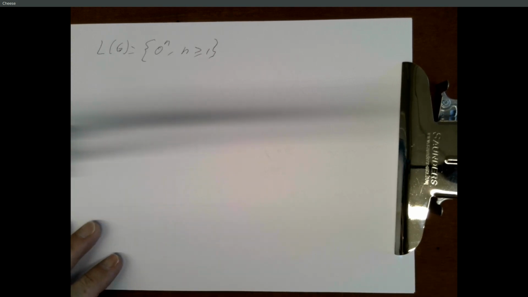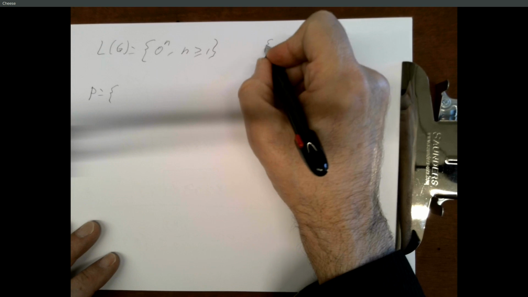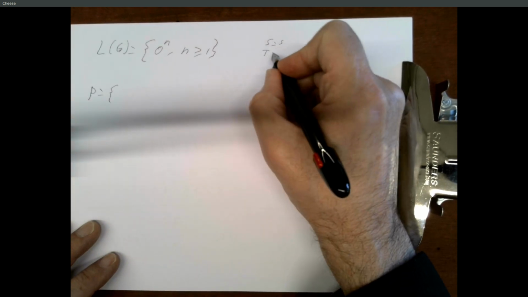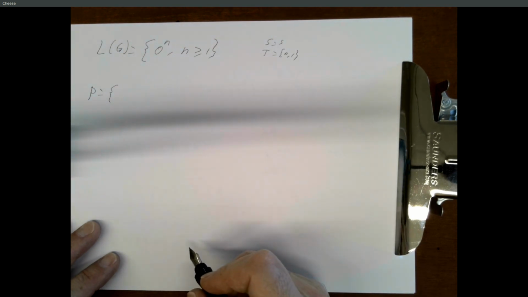So let's look at a language like the set of all strings containing 1 or more zeros. So my start symbol will be S, my terminals will be 0, 1. Actually just zeros would work.